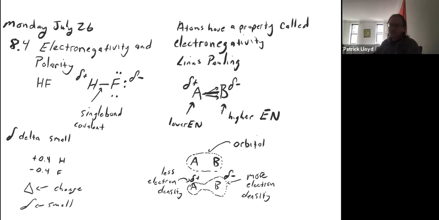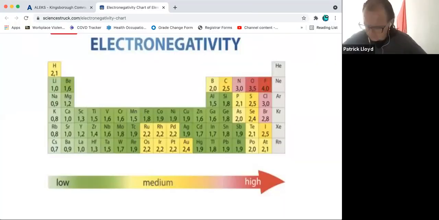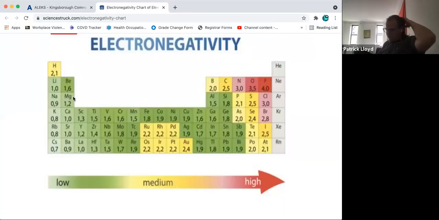So what I'm gonna do is I'm gonna show you now a table of electronegativities. These are the Pauling electronegativities. Here we go. Nice, I found this one online. And what I want to do is start off way over here on the left.